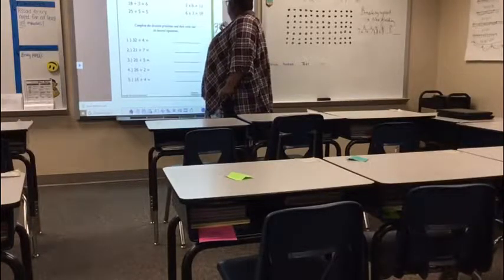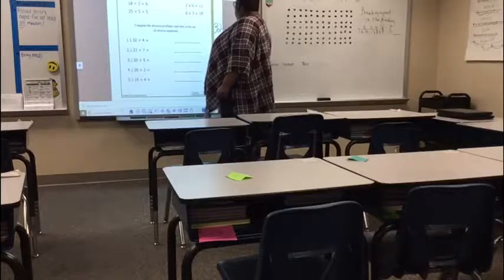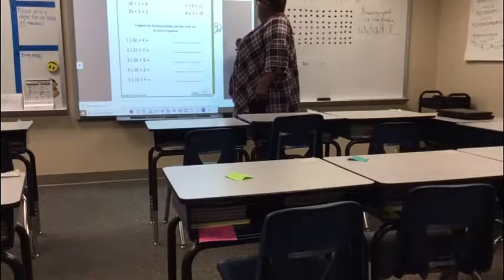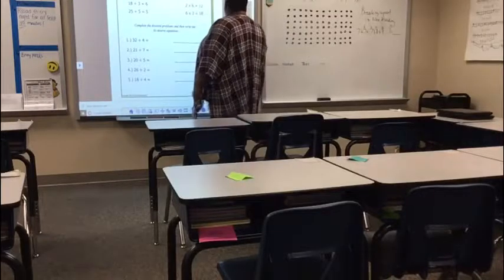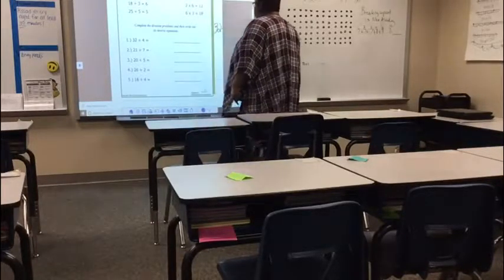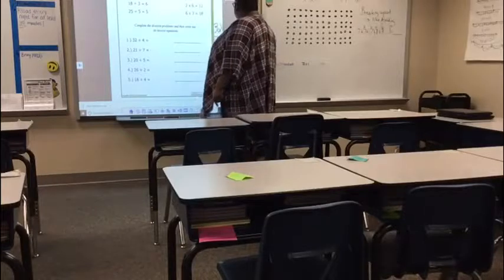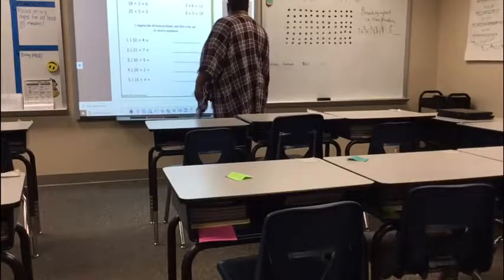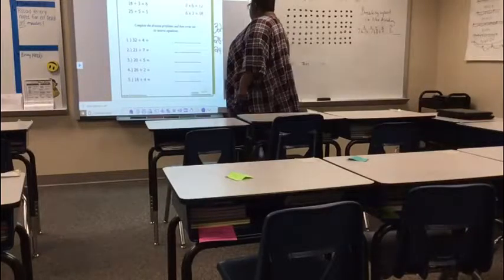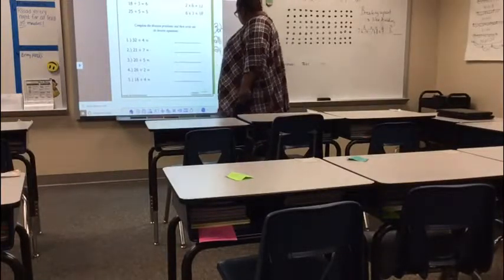So we'll have 32, and then we subtract 4, and we get 28, and then we have 28, and we subtract 4, and we get 24, and then we bring the 24 over here, and we subtract 4, and we get 20, and then so forth until we get to 0.